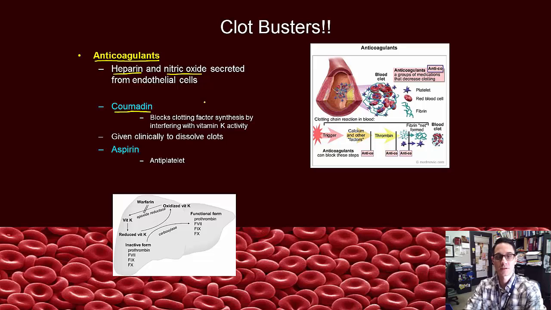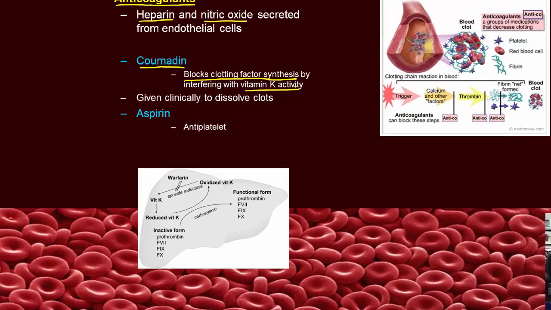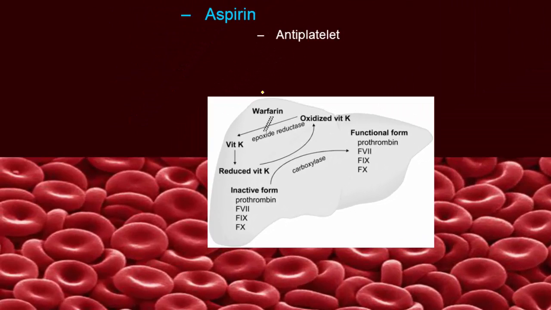They are going to block clotting factors, by blocking synthesis of them by interfering with vitamin K activity. Remember that 4 of the clotting factors that are produced in the liver need vitamin K to actively work. We can see in this picture down below that warfarin and Coumadin are the same thing.